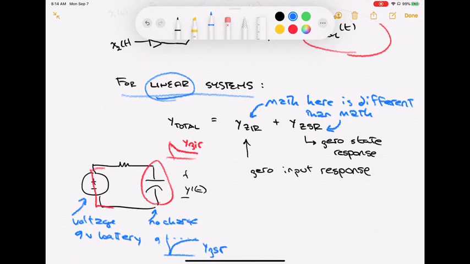The internally stored energy generates an output called the zero input response. So no input, just internally stored energy generates that output. The zero state response is just the opposite. It has no energy inside the system, and the output reflects what the system does to an externally applied input. Take those two together, and you can find the total response, describing the behavior of that system when it has both internally stored energy and externally applied energy through its input.